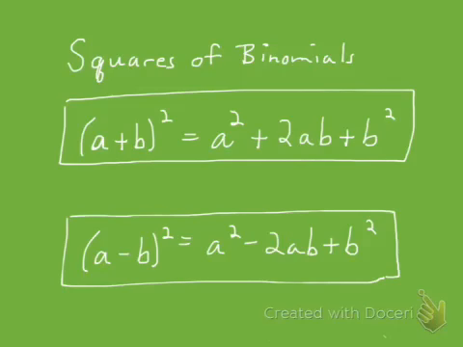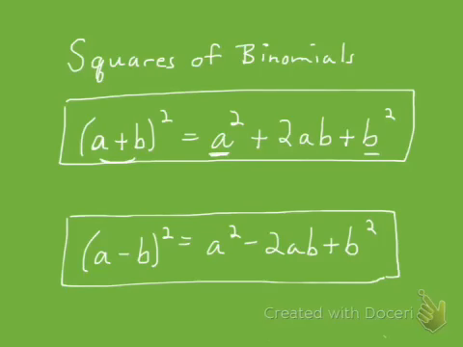If you notice, if you've already copied this, starting it back, then what you see is the A gets squared and the B gets squared. So here, the A is squared, the B is squared. And then the middle term here is where you take these two and multiply them by 2 to get the middle term.